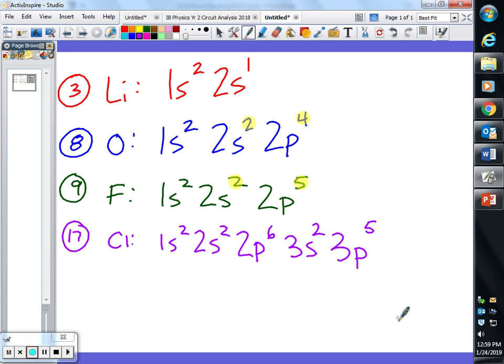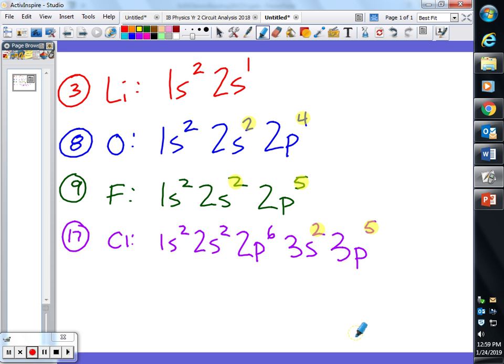So now for chlorine, what's the highest level that has electrons? 3. How many electrons are in the third level? 7. So chlorine also has 7 valence electrons. Is that a coincidence? Yes.